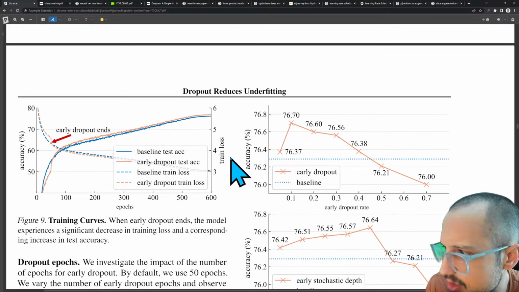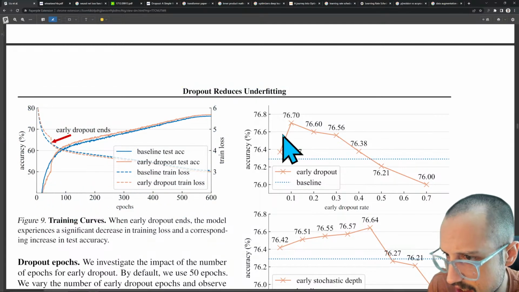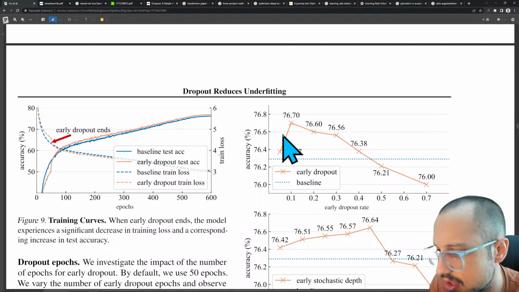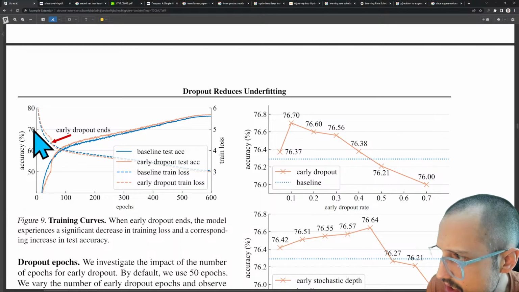Okay, so they're looking at training curves. So here on the x-axis, you have epochs, which is basically just like training iterations, except epochs is the amount of times you've seen the same data set. Accuracy, probably the test accuracy, if I had to guess. So baseline, which means no dropout, versus early dropout, and baseline train loss versus early dropout train loss.